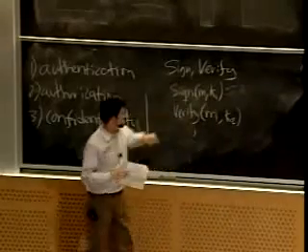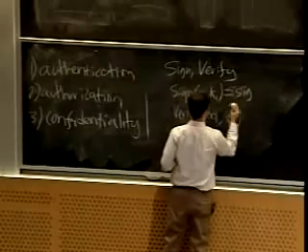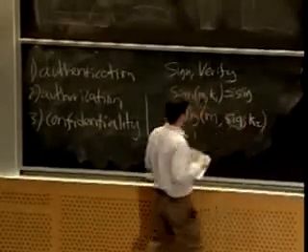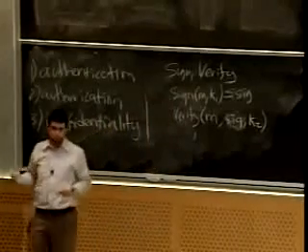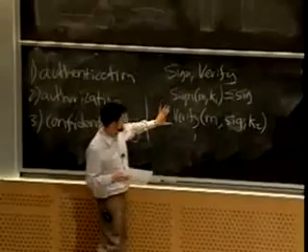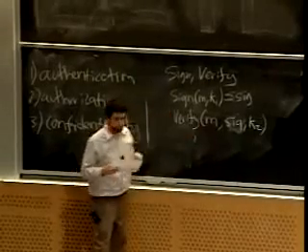Sign accepts a message and a key and outputs some signature. Verify accepts the message, the signature, and some other key K2, and tells us whether or not it believes that the message M actually corresponds to this signature.